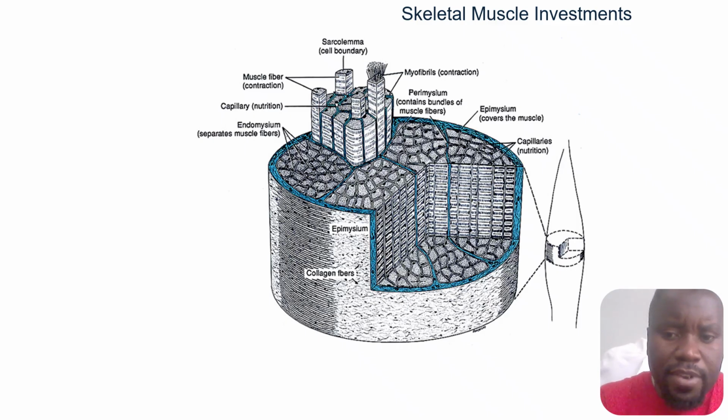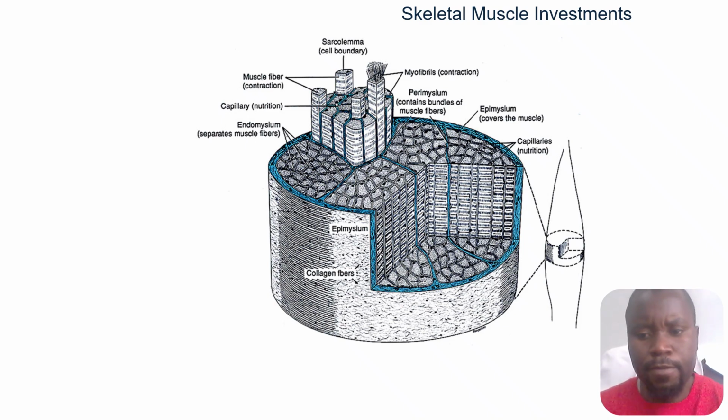We also have these cells bundled in what is called a fascicle. A muscle fascicle is a bundle of muscle cells or muscle fibers. The muscle fiber is covered by endomysium.